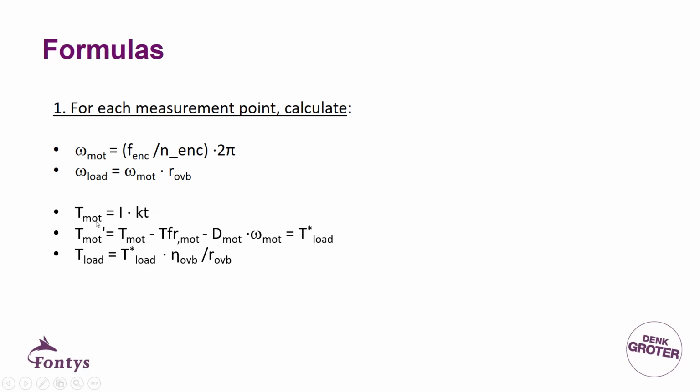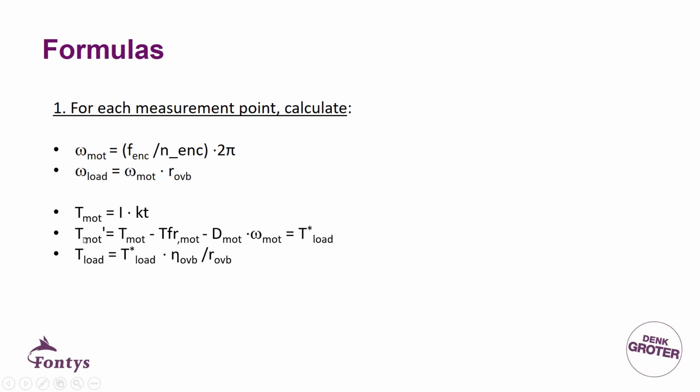But this is the motor torque which is caused by the motor itself and caused by the load. So in order to calculate the load torque we need to calculate the effective motor torque. So the motor torque which is not coming from the motor itself but which is caused by the load. So we have to subtract from this value the friction of the motor itself and the damping times the angular speed of the motor.